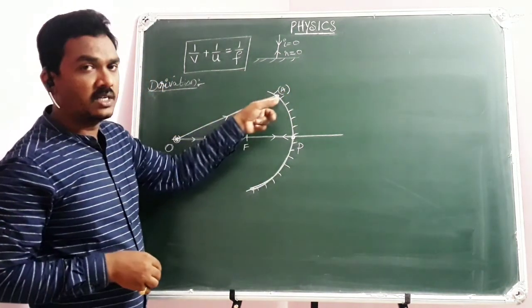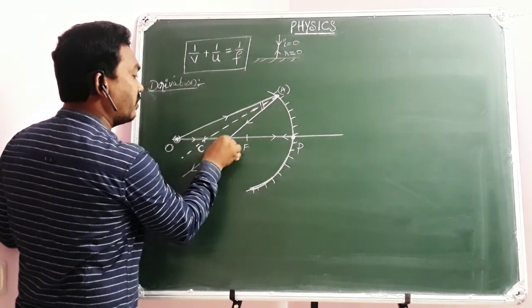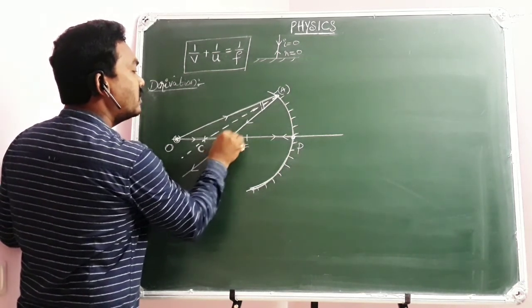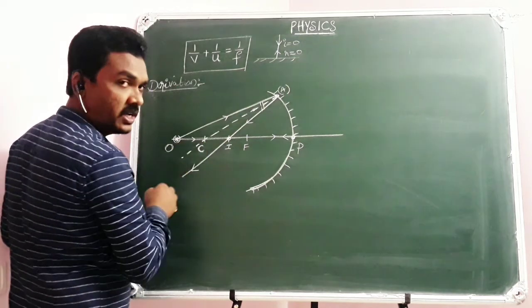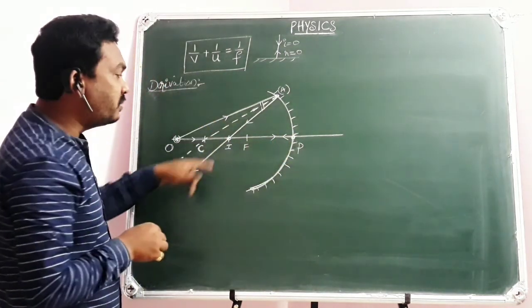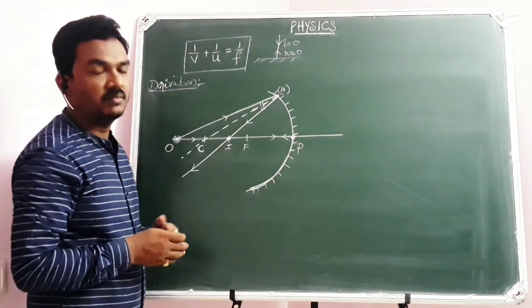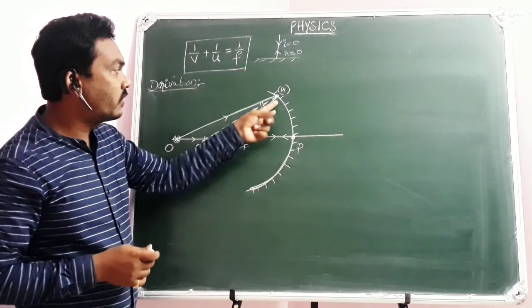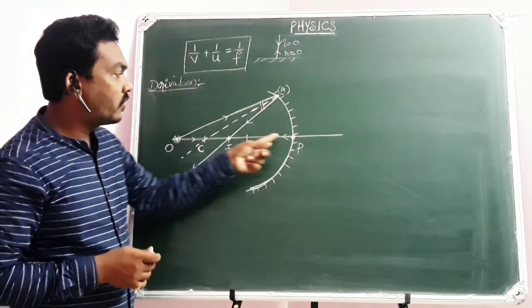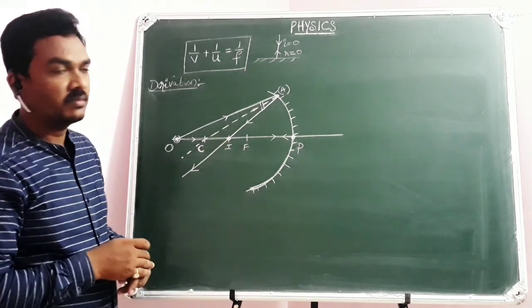So OA is the incident light ray, AI is the reflected light ray, I for image. Because this reflected light ray from the point A and the reflected light ray from the point P are going to meet at I to give the image. That's the image location. Hope you got clarity.